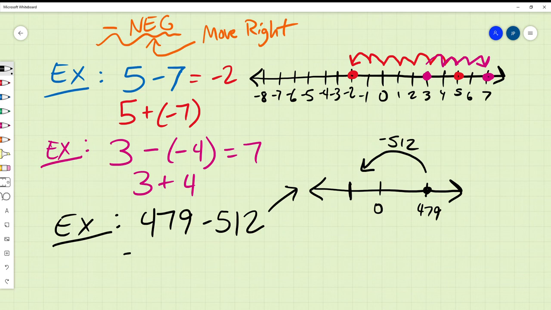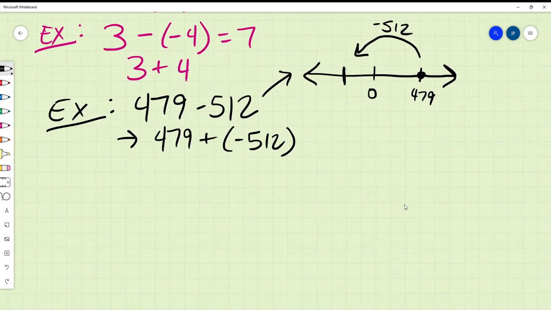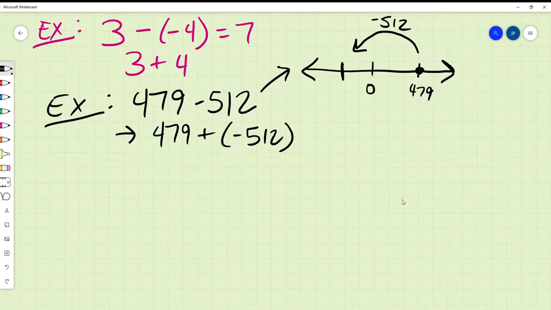Or again, you can think of it like this. You can say 479 minus 512 is the same as saying 479 plus a negative 512. Those two mean the same thing. And so what we really want to do is subtract the two values.